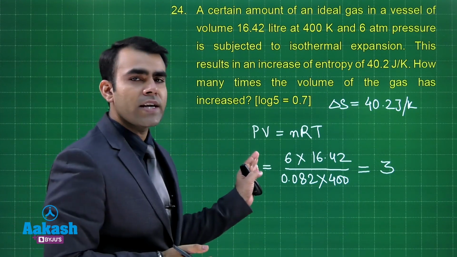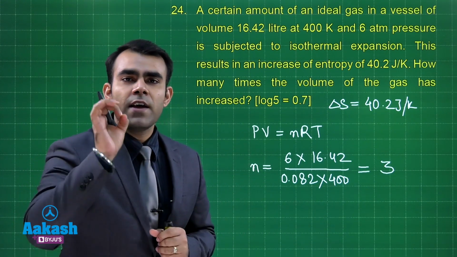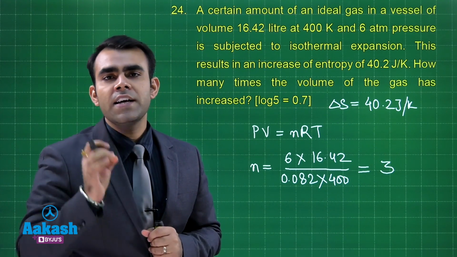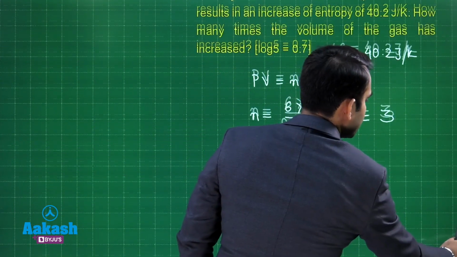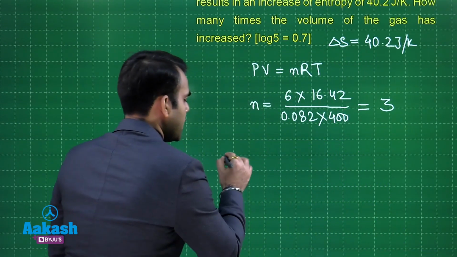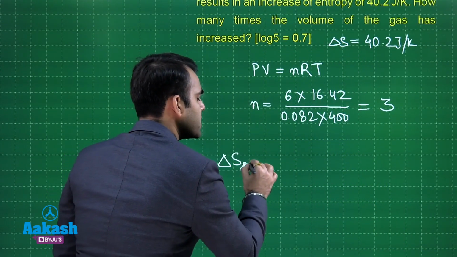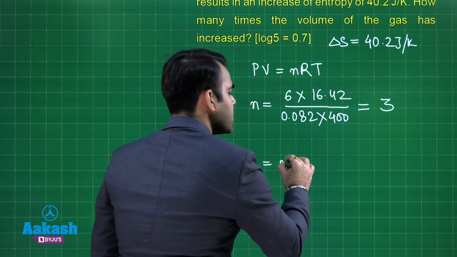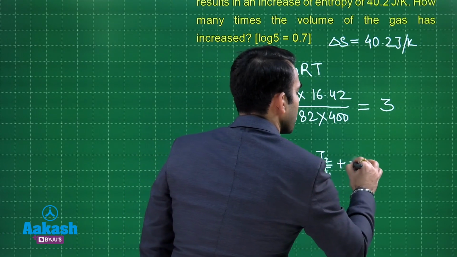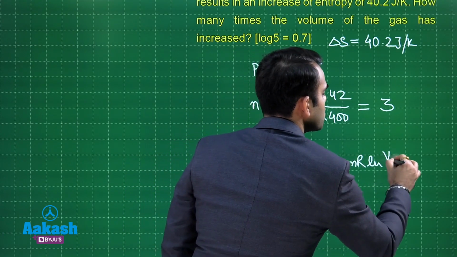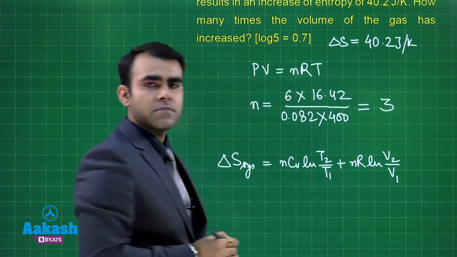Now after calculating moles, we have to apply the formula for change in entropy of system. Now what is change in entropy? Delta S system is basically given by nCv ln T2 by T1 plus nR ln V2 by V1.